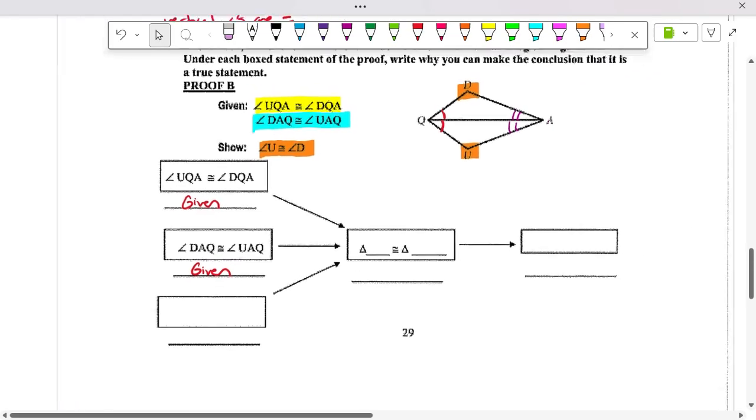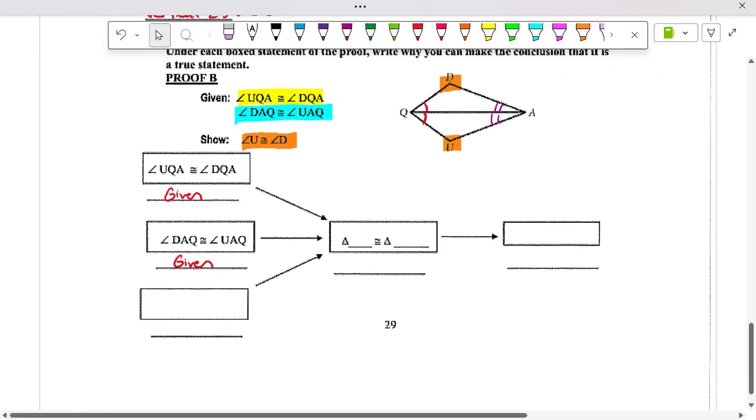Now, if I look at this picture, there's one more statement I can make to show that the triangles are congruent. So look at your postulates. We have two angles marked. What are your only two postulates that could possibly work to prove those two triangles are congruent?